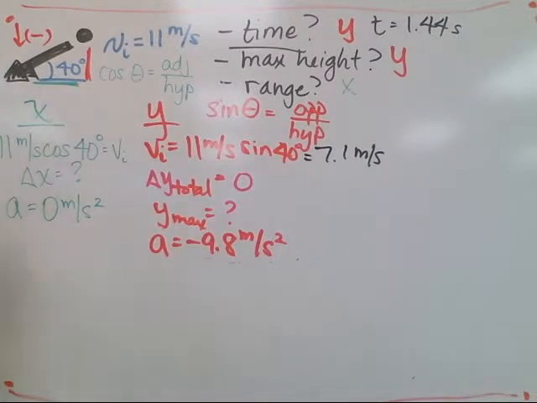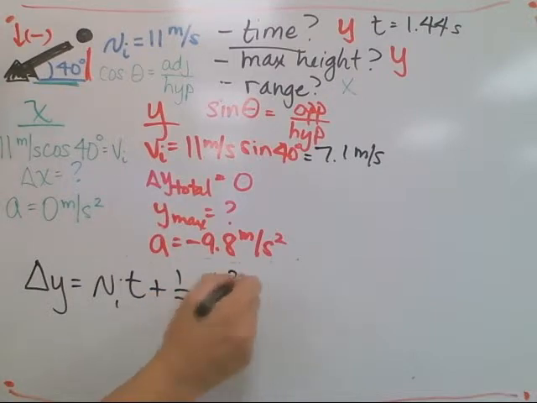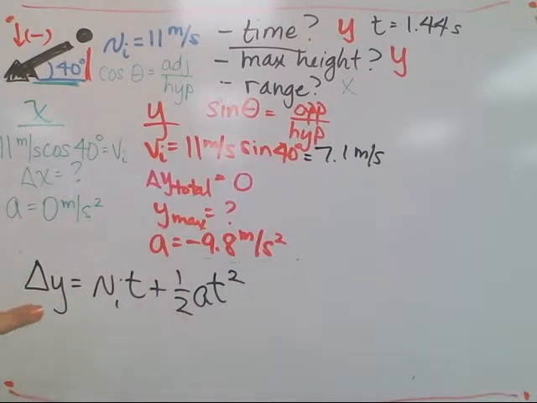Okay. Next we want to solve for the maximum height. How would we do that? Well, now that I know the time, I can use my delta y equals initial velocity times time plus 1/2 at squared. But I'm not going to apply it to the entire motion.